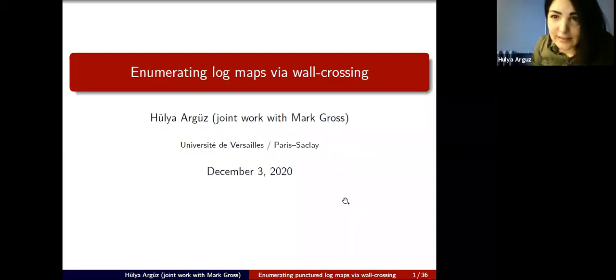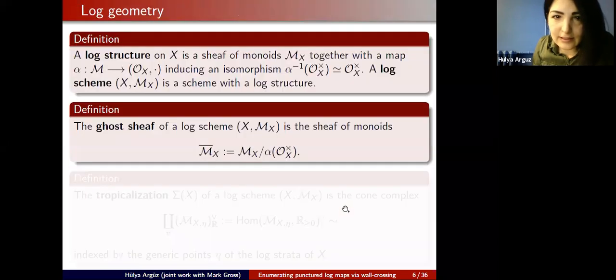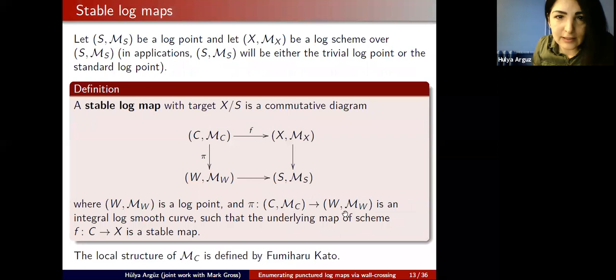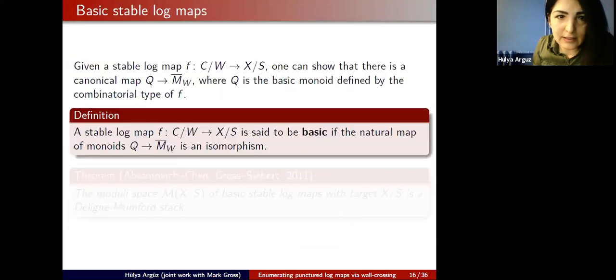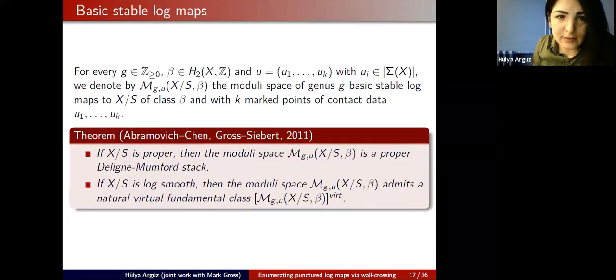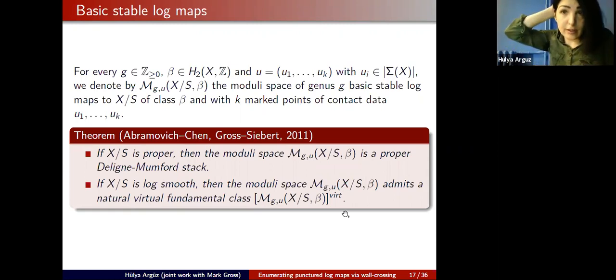Can I ask? You were telling, in the definition of the punctured log maps, for log curves we have this nice classification by Kato of what the ghost sheaf looks like everywhere. Is there an analogous thing for the punctured case? Yes.